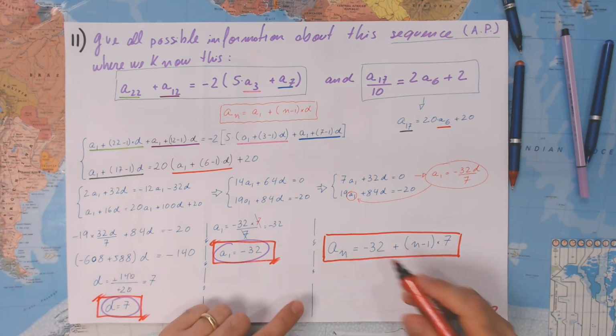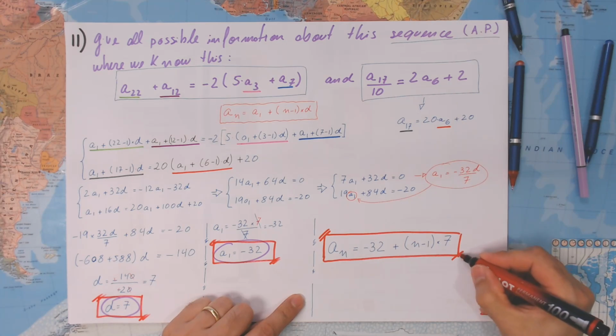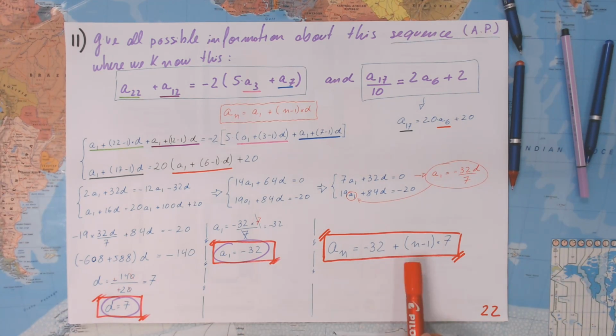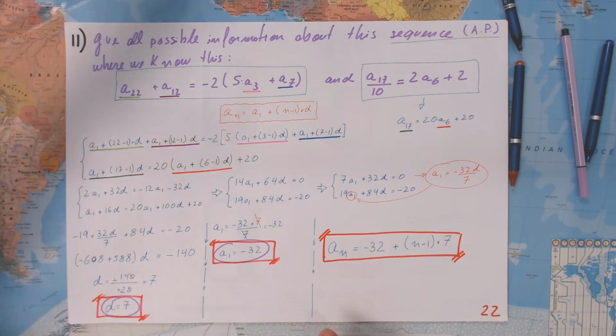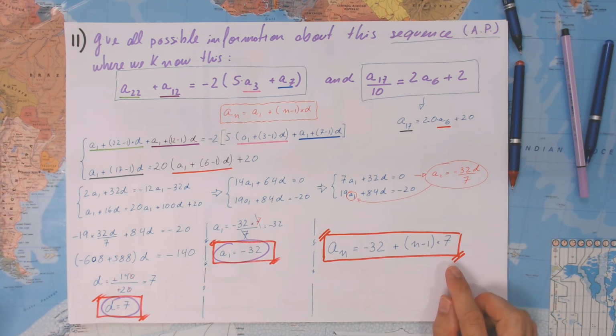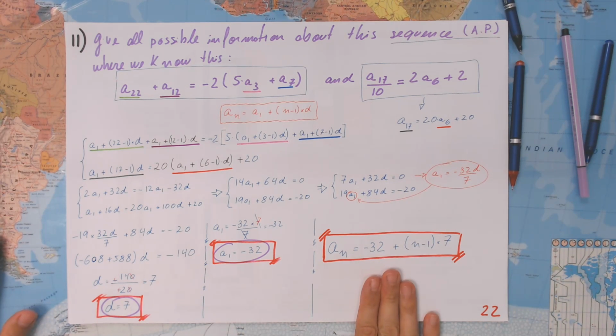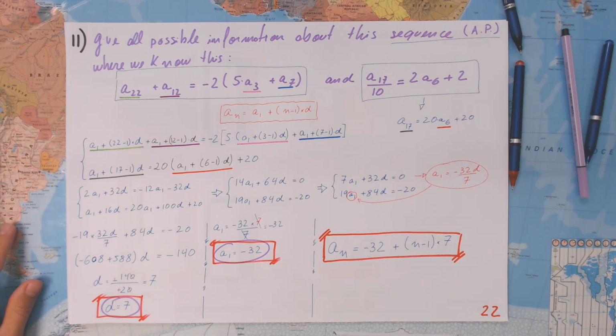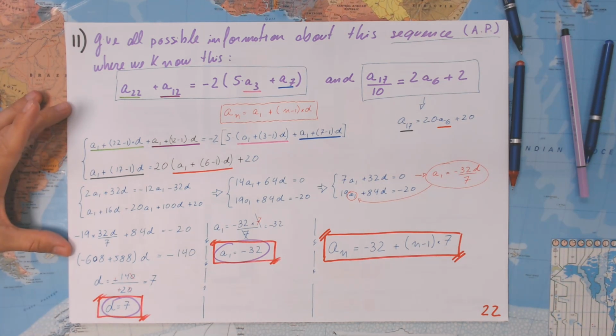Actually, what matters the most is to get the general equation, because we have everything here, right? We have the equation, we have the common factor and A1, but the answer is this one, okay? It's a very extensive problem, but I just want to show you that it can get pretty exhaustive even for a very simple problem like this.